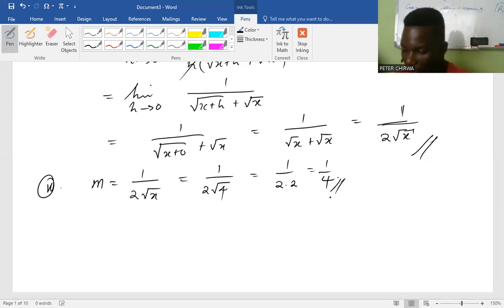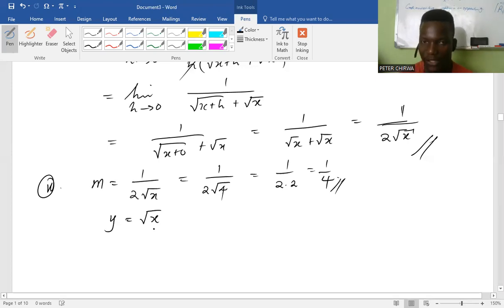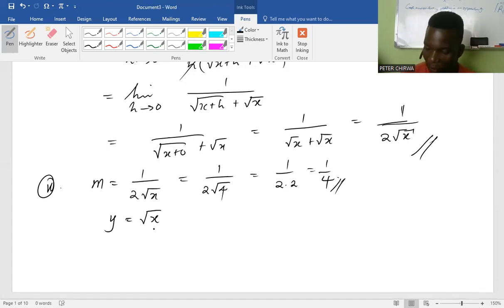So since we have gotten the gradient, now the function is y equal to root x. So how do we get the point? We've been told that x is equal to 4, so we have one coordinate already.